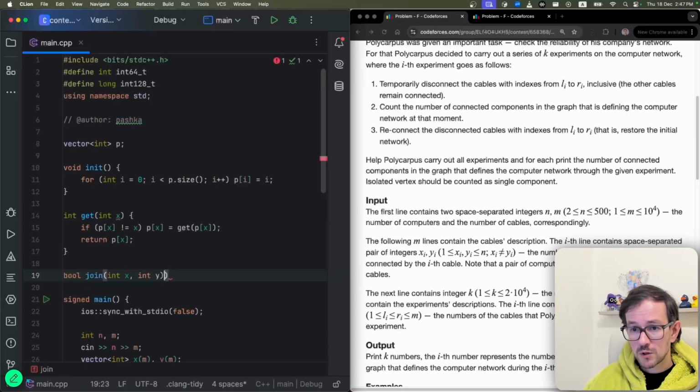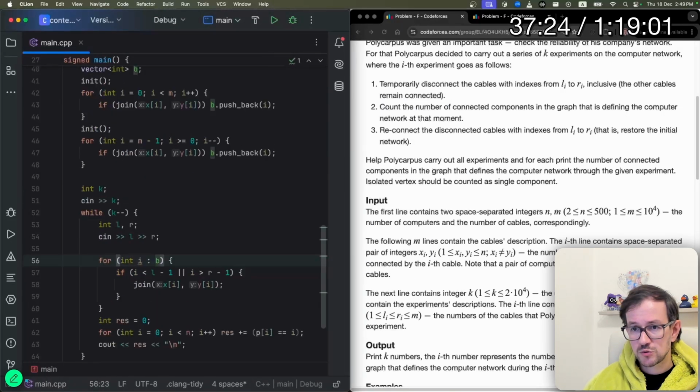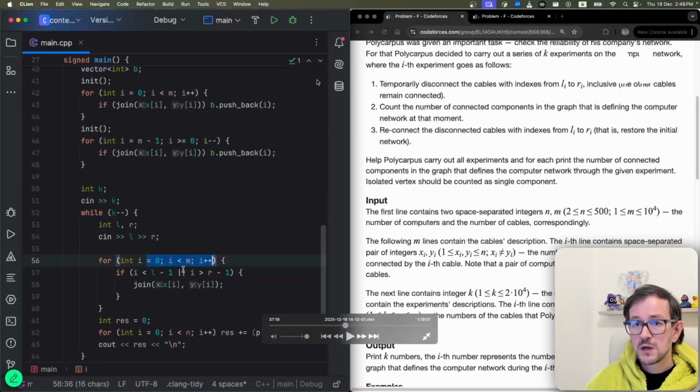It probably will work. Okay, so let's try. Too slow. Okay, well here I'm finding all interesting edges. You see? I go left to right and see if I join some connected components, then I add this edge.